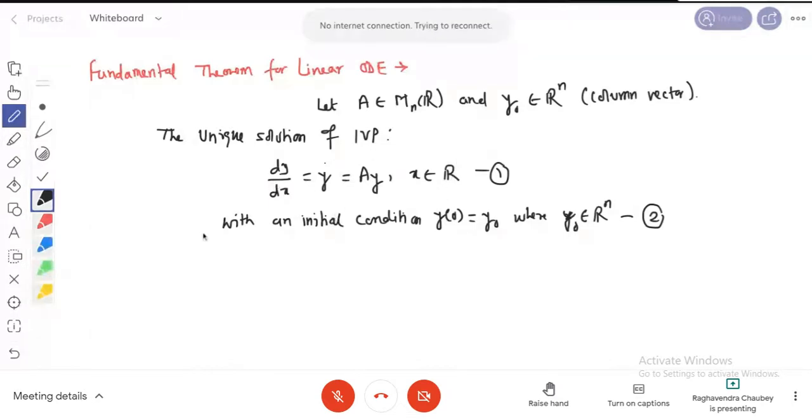The unique solution of this initial value problem is given by y(x) equals e to the power Ax times y0. So this is the solution of this initial value problem.